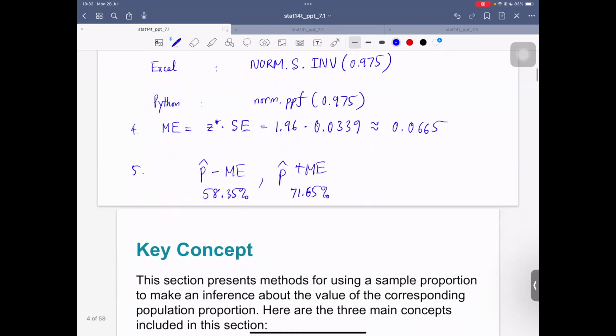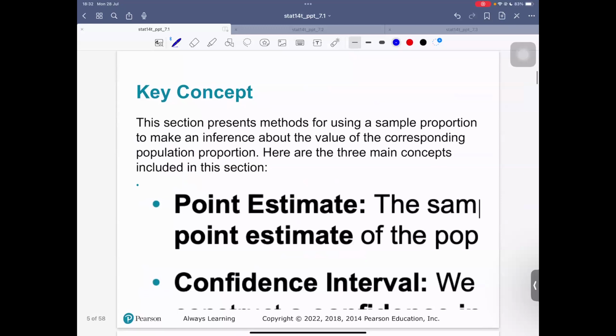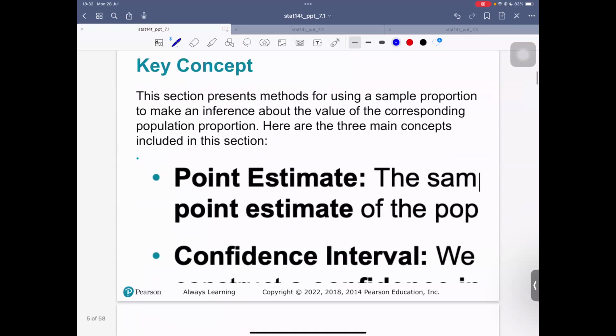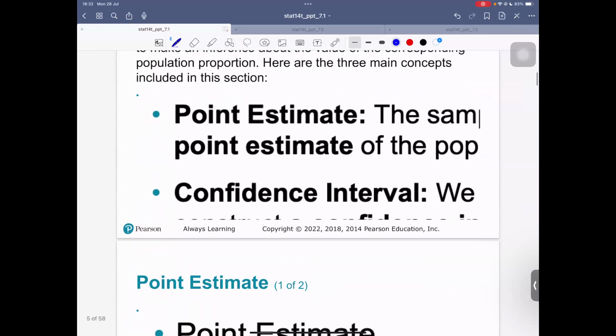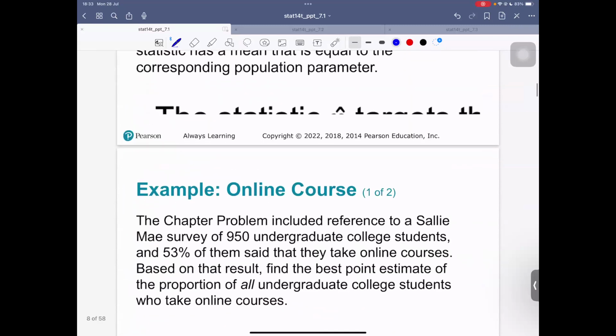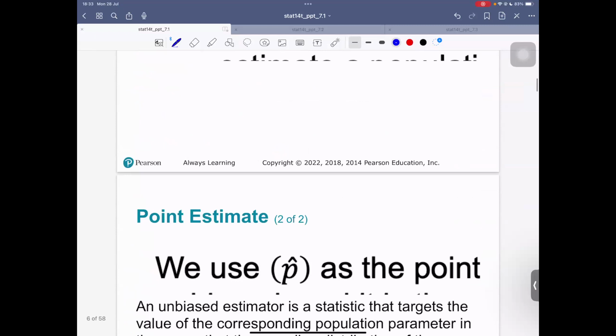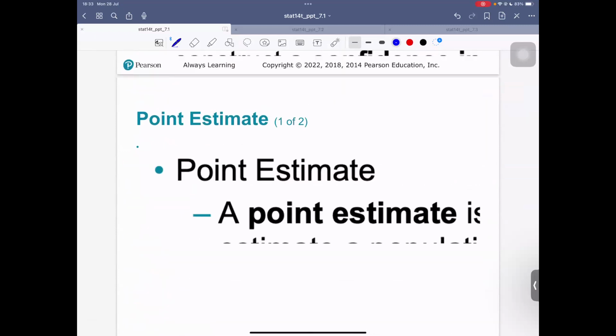Are we good, everyone? Okay, so let me go ahead and share the screen on my laptop because the letters are a bit weird here with the format. Maybe it's because I sent it using PowerPoint.